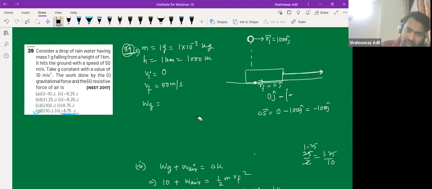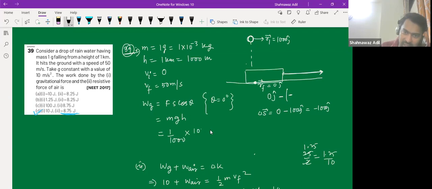So this was F s cos theta. So this was mg and h, because theta was 0 degree. This was 1 by 1000, 10 and 1000. This was 10 joules. Right.